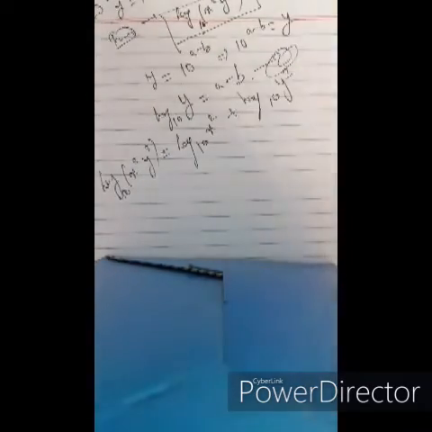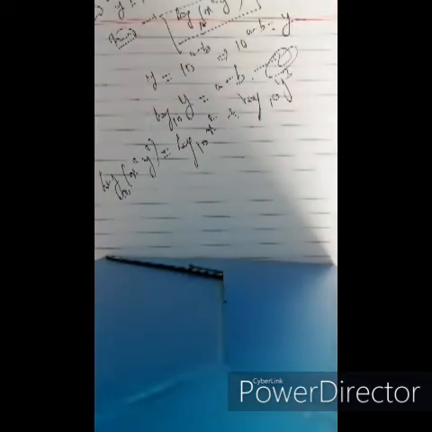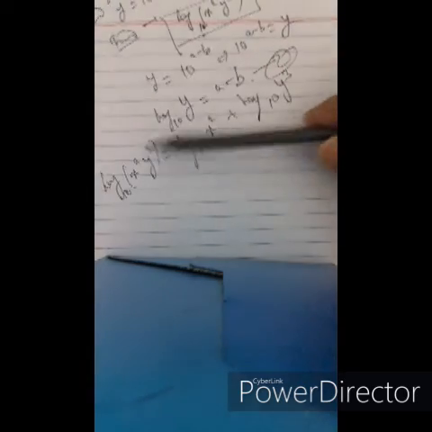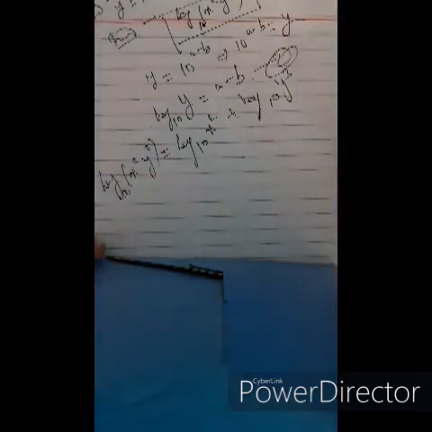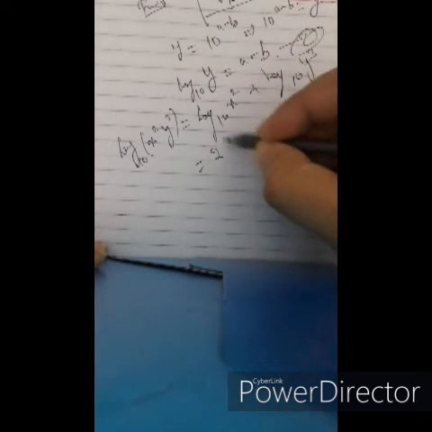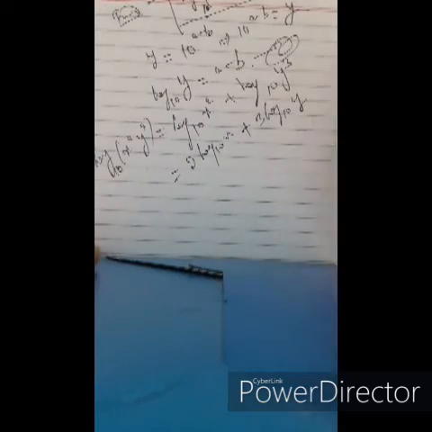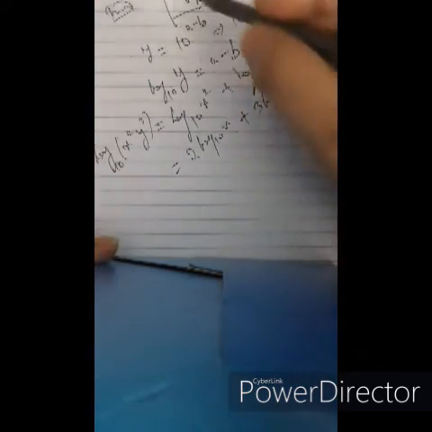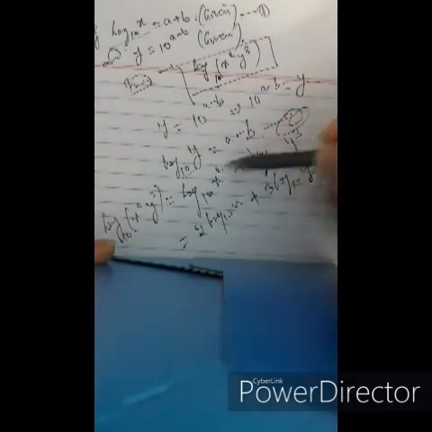Log 10 x square y cube, which we have to find, equals log 10 x square plus log 10 y cube, and according to formula it becomes 2 log 10 x plus 3 log 10 y. Now we have seen log 10 x is a plus b, log 10 y is a minus b.